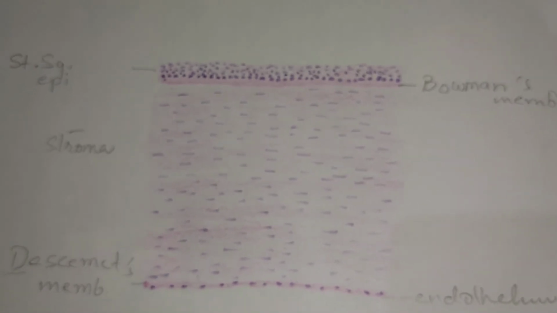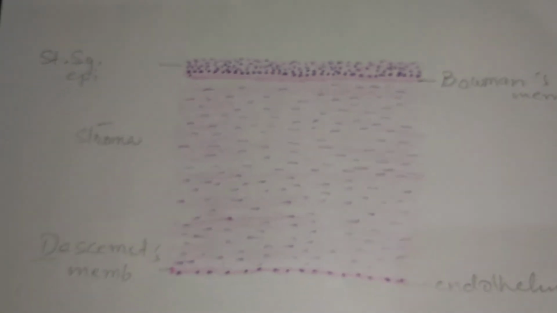First of all, the teacher asks what are the layers of the cornea, and why damage to the Bowman's membrane, that is the basement membrane of stratified squamous epithelium, results in ulcer formation and corneal opacities. Why are they formed? Why is there no regenerative power here?